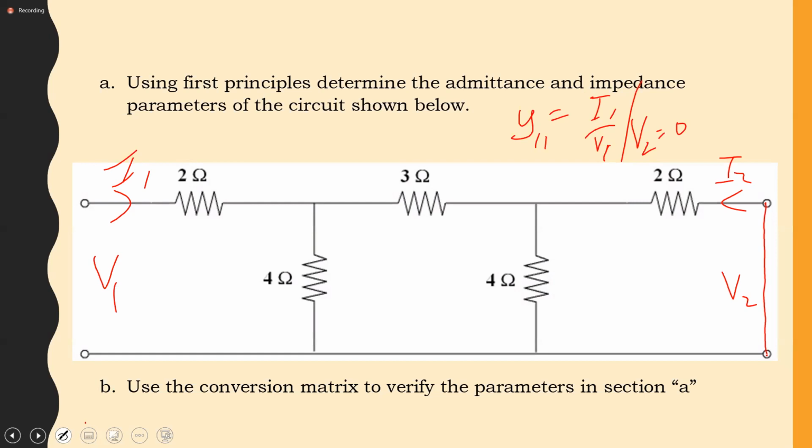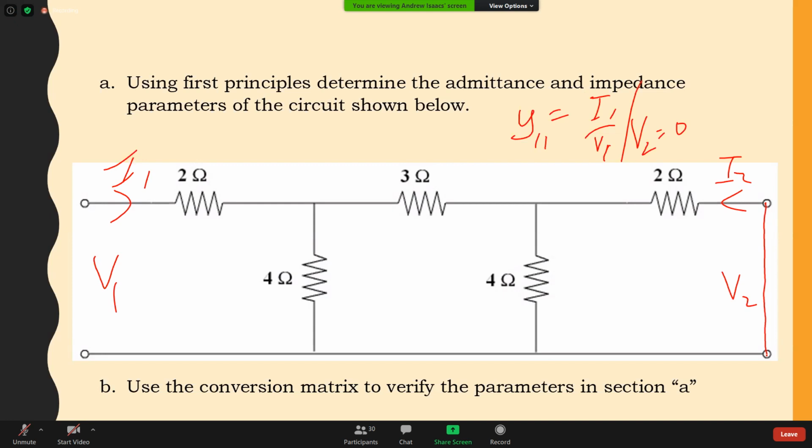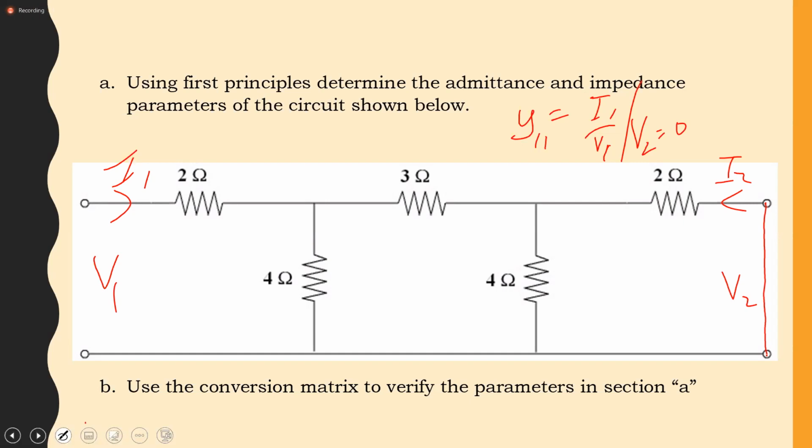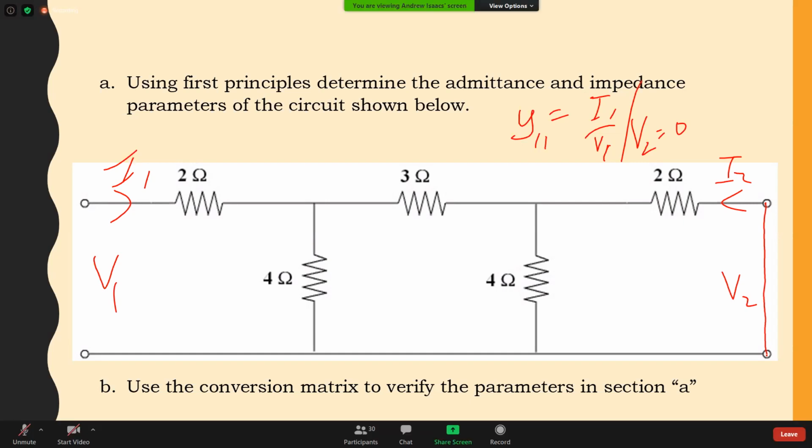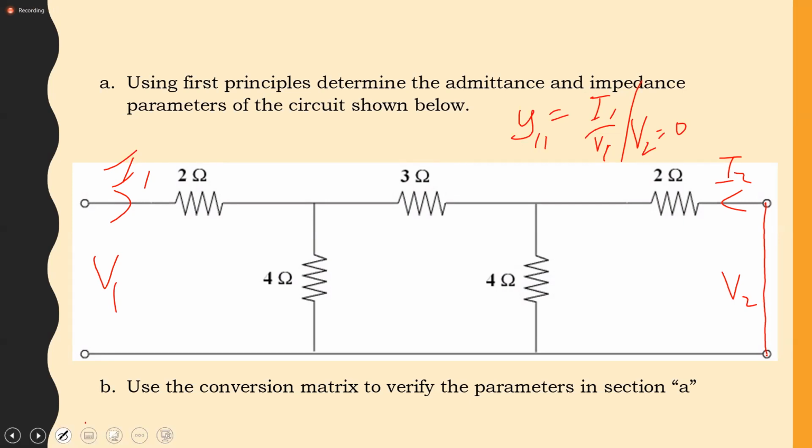And if we want a relationship between I1 and V1, what would that look like? How are I1 and V1 connected by virtue of the circuit that we have here? There's a total admittance. All right, so give me the expression.